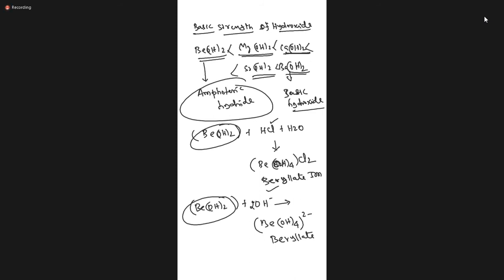So that's the reason Be(OH)2 is amphoteric in nature.